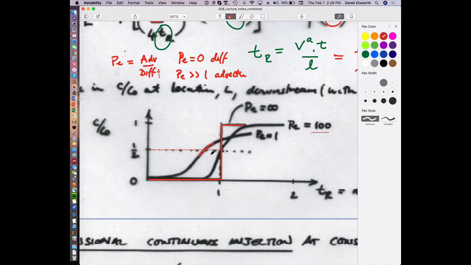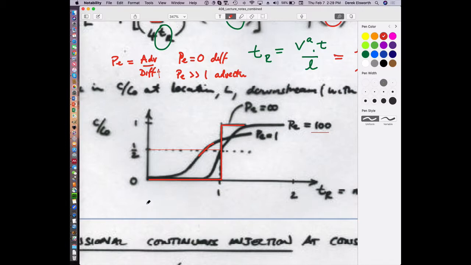And it's strange that it's moved to the left, because this kind of implies that it's occurring faster. But it's not really occurring faster, because this isn't really a time. This is a pore volume. What it is doing is it's occurring when only maybe 0.8 of a pore volume has gone through.